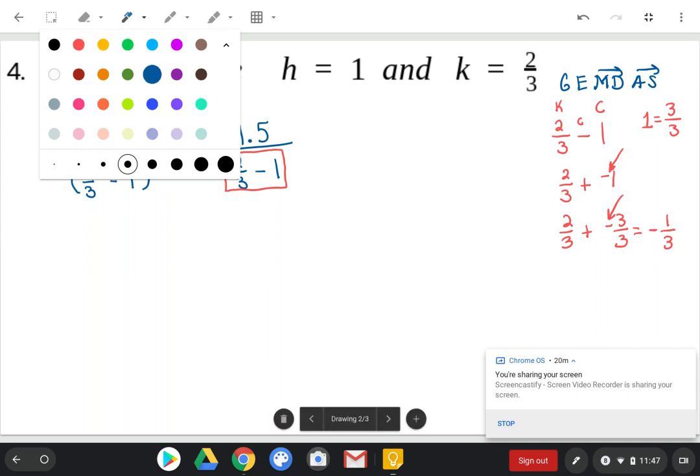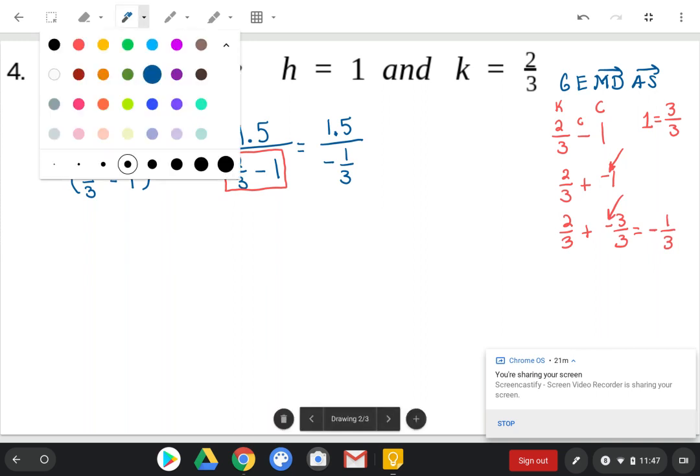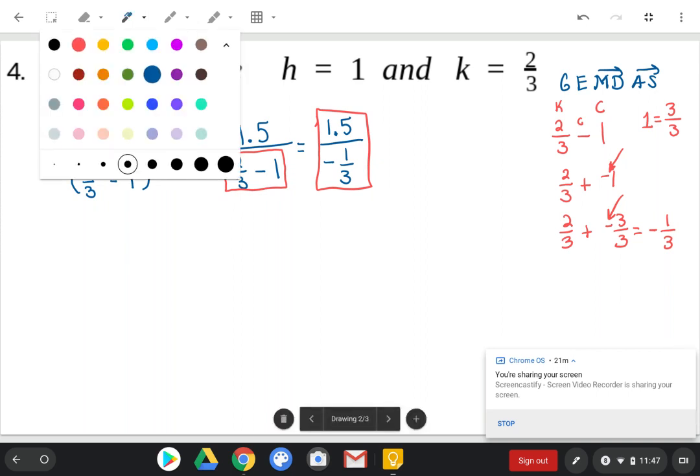So I'm going to go back to my blue problem and replace that pink box with a -1/3. So now I have 1.5 divided by -1/3. Okay, the only thing left to do now is division. However, we have a slight issue. Okay, so we are trying to, let me write that out in a different form.